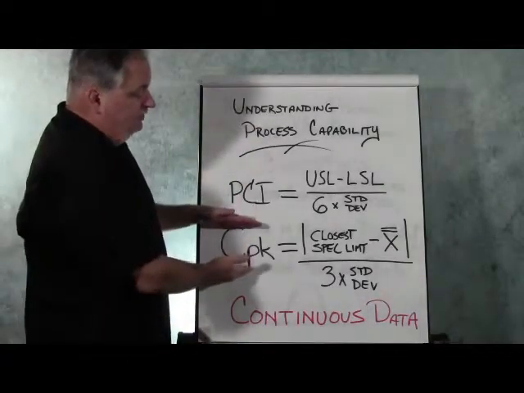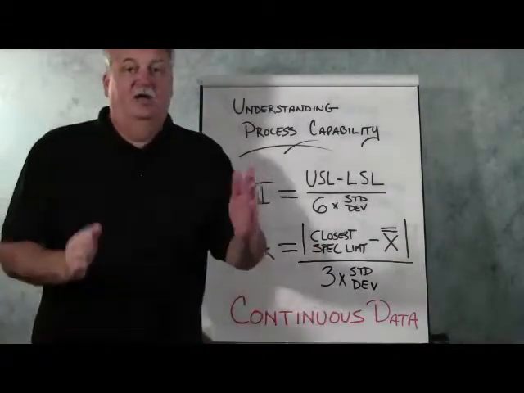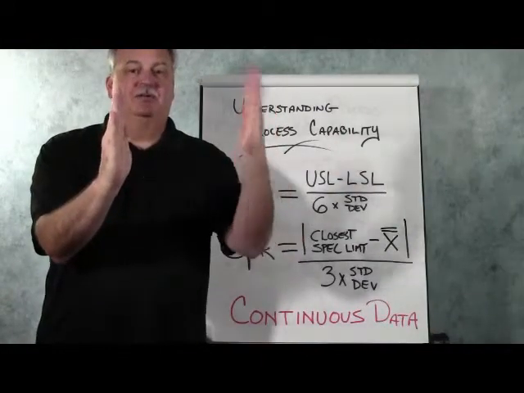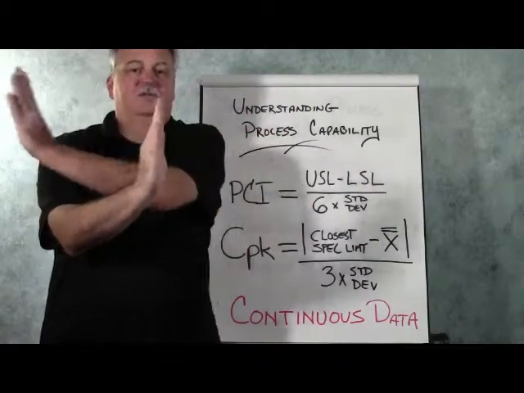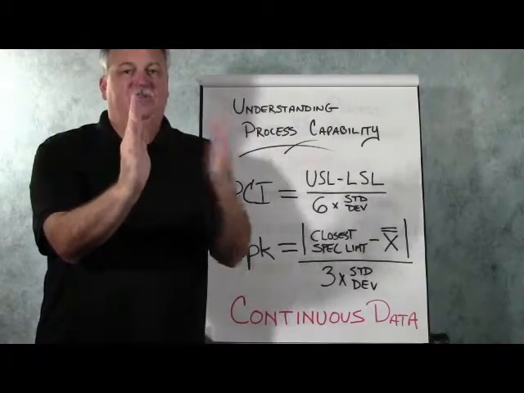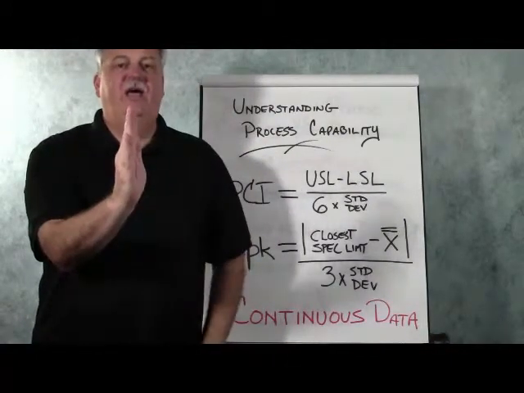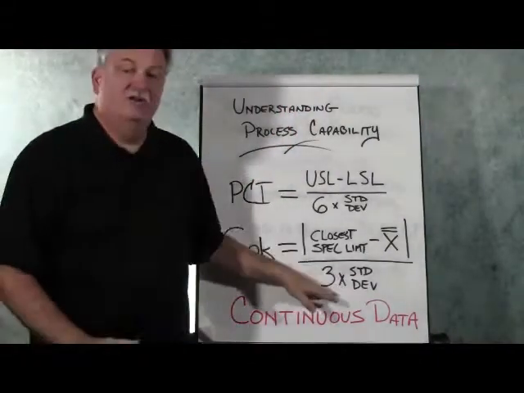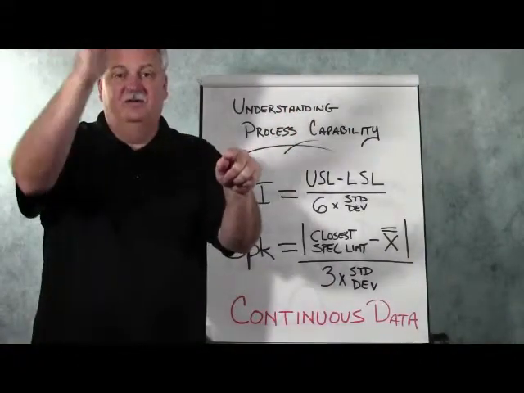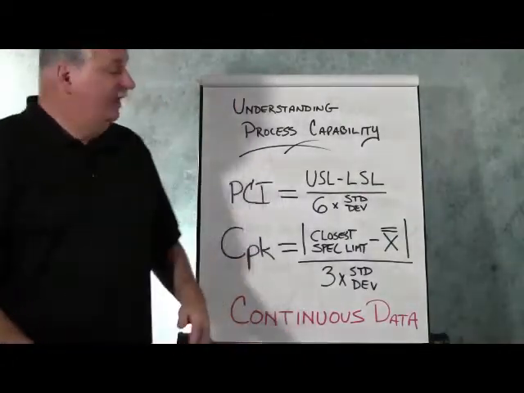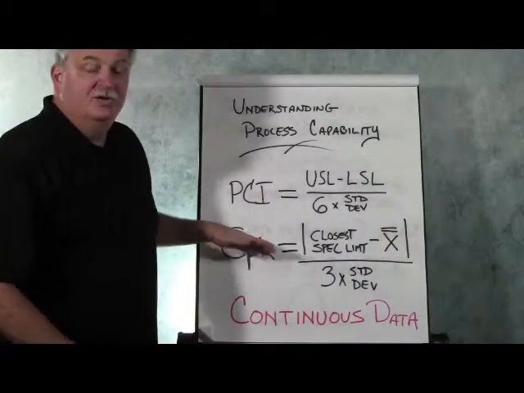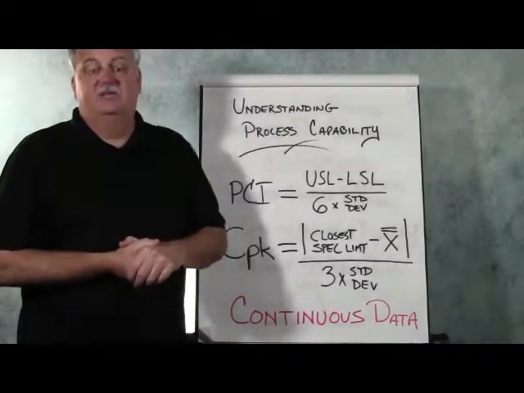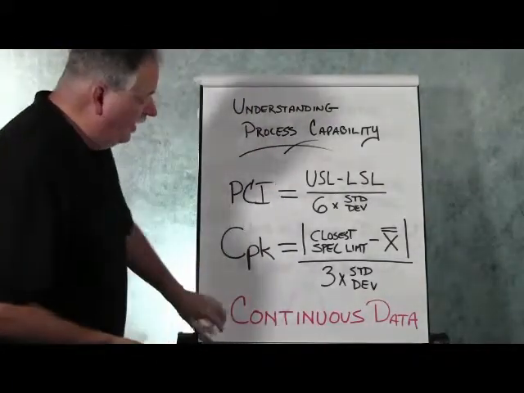But what's going on with the CPK is we take a look at our distribution's average value, and how close it is to this specification or to this specification. Whichever specification is closest, we take that distance and divide it by 3 standard deviations, or half of that distribution, and that gives us the CPK. So if we were perfectly centered, these two values are going to turn out to be the same thing.